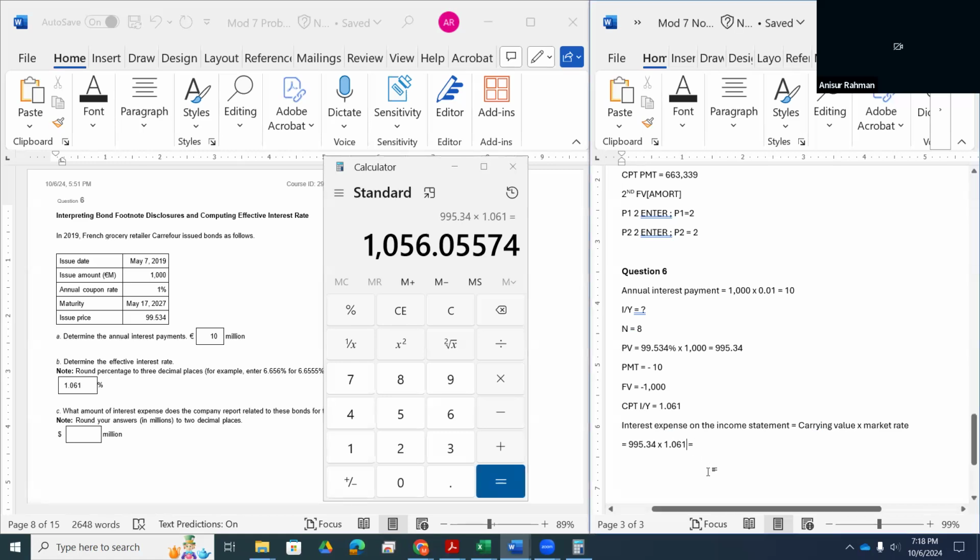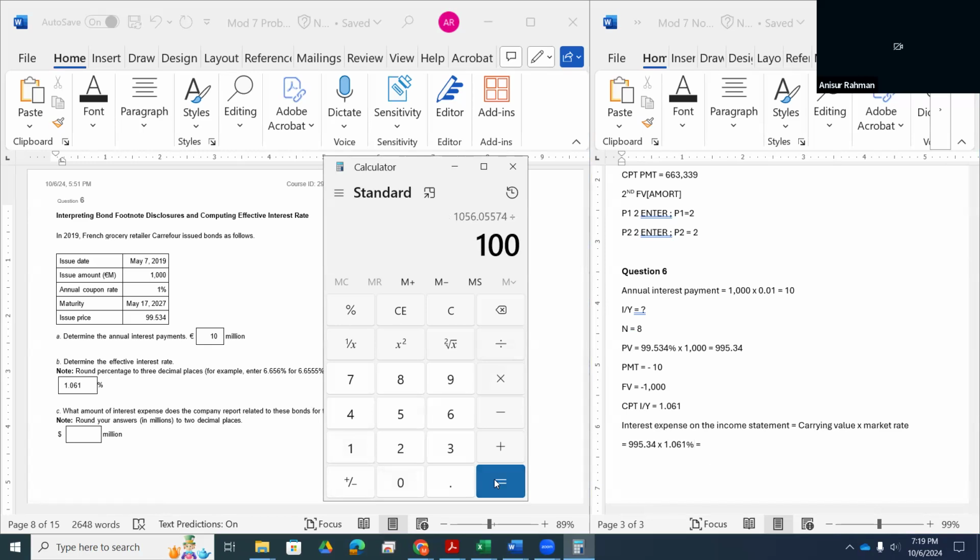So this is in percent. So I'll just divide this by 100. So 10.56, that is for 1 year, right?